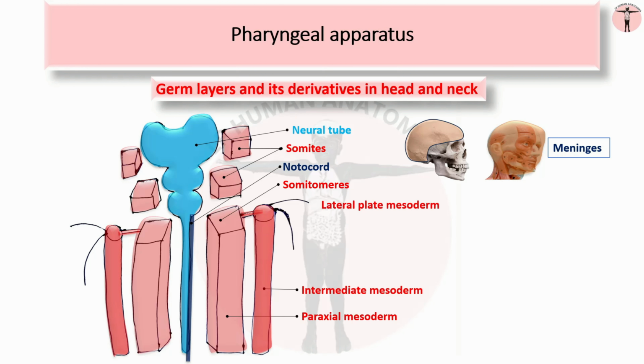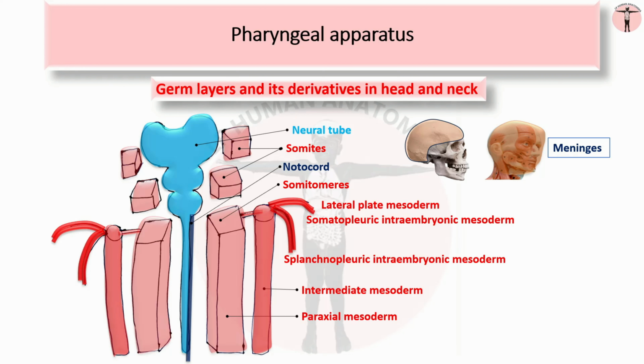Lateral plate mesoderm, which includes two layers, splanchnopleuric and somatopleuric intraembryonic mesoderm, forms the laryngeal cartilages and connective tissue in the neck region.